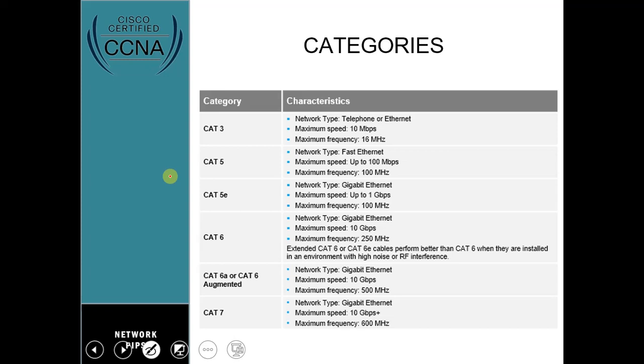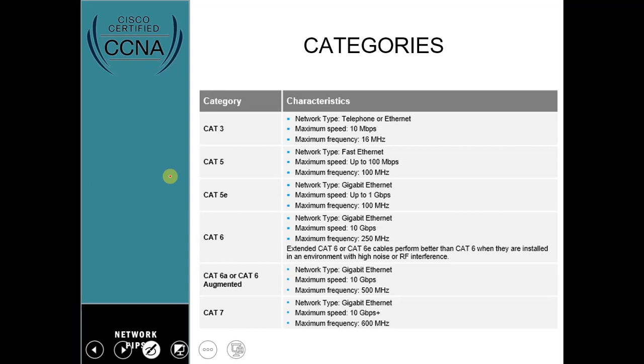Then these cables are grouped into categories. They have the Cat3 for short. The Cat3 is mostly used for telephone or Ethernet connection. The speed is about 10 Mbps, and it operates at a 16 megahertz frequency.